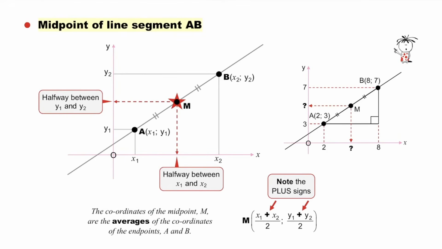The formula for the midpoint is the sum of the x-coordinates divided by 2, the sum of the y-coordinates divided by 2, because these are the averages of the coordinates of the endpoints. A common error is that minus signs are used here due to rote learning without understanding.